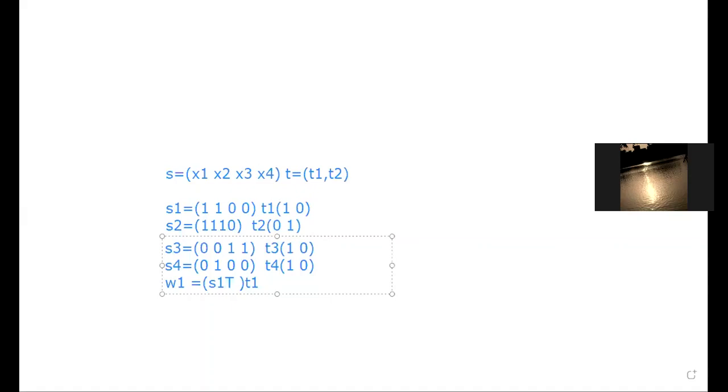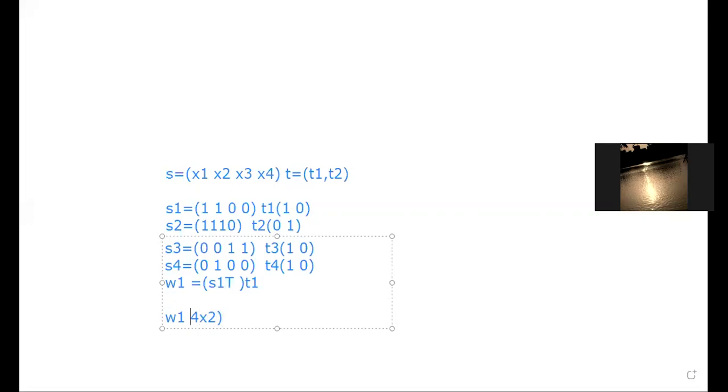S1 should be transposed, and then you can go with the product. So what will be the size of your W1? 4 by 1 into 1 by 2. So its size will be 4 by 2.